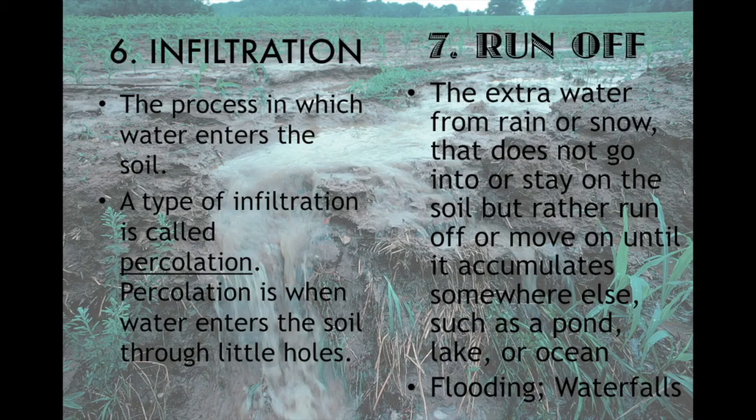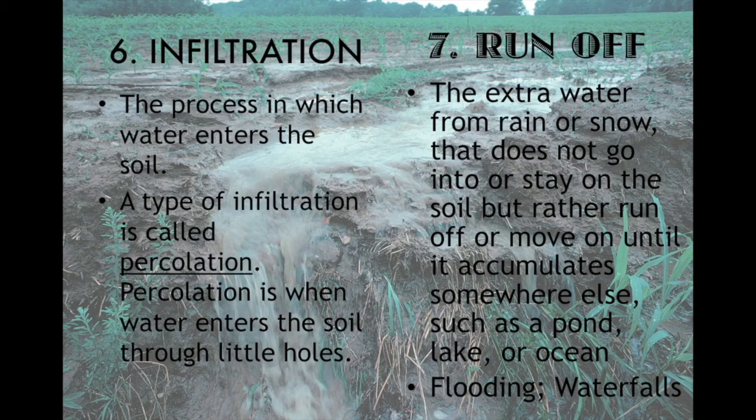Visualize it's raining. When the water hits the ground, we have two options here. It can either infiltrate or it can run off. If it infiltrates, that means the water is going to go into the ground. Infiltrate, go into. Now, a specific type of infiltration is called percolation. Percolation really is the same thing as infiltration, but it's more specific.